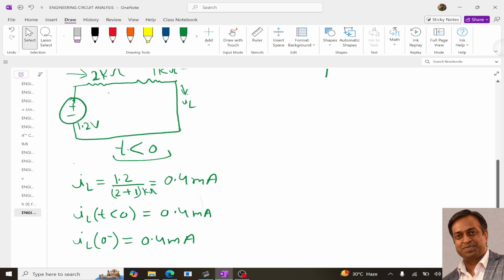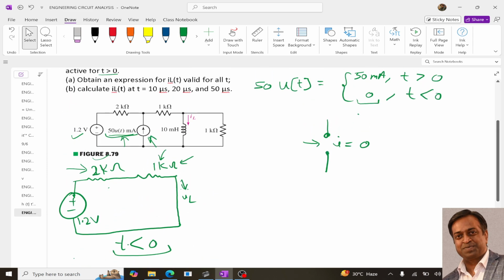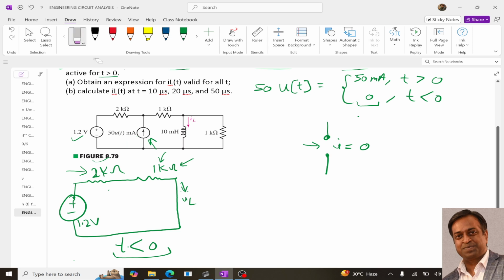Now, when this current source comes into the picture, due to this change the inductor comes into play, and there may be some extra current. As soon as, at t equals 0 plus, this current source comes into the picture, the current through the inductor will not change, because an inductor has the property that it tries to maintain the current.